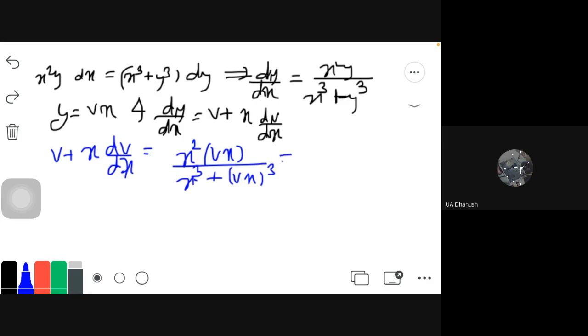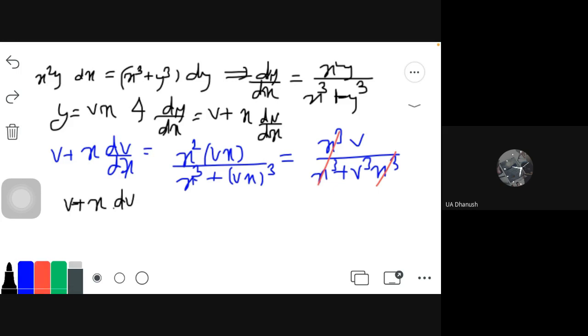So that will give me x cube into v upon x cube plus v cube x cube. So this x cube can be taken common and can be cancelled. So I will get v plus x dv by dx is equals to v upon 1 plus v cube.